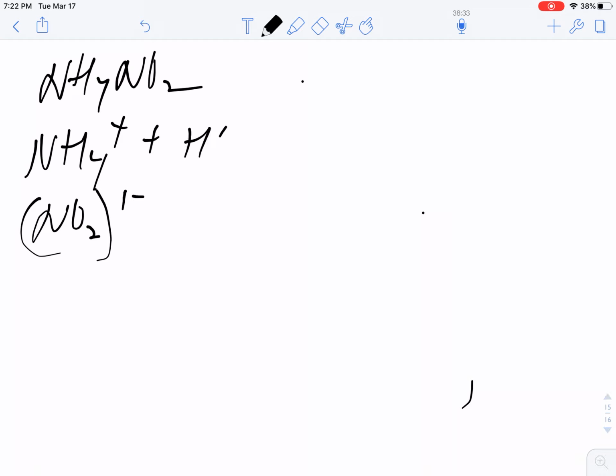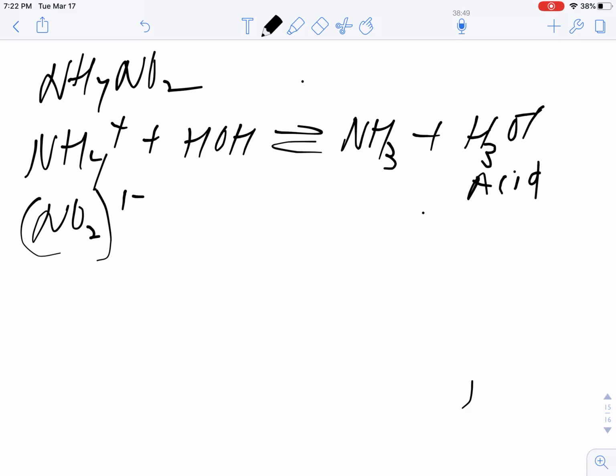This reacts with water and would give you NH3 plus H3O plus, which would be an acid.